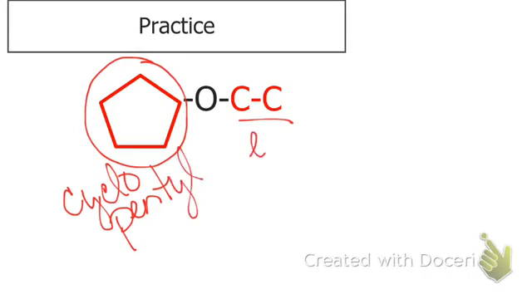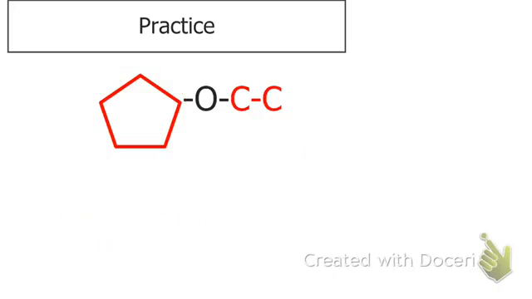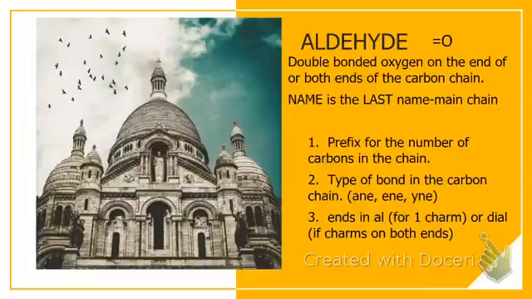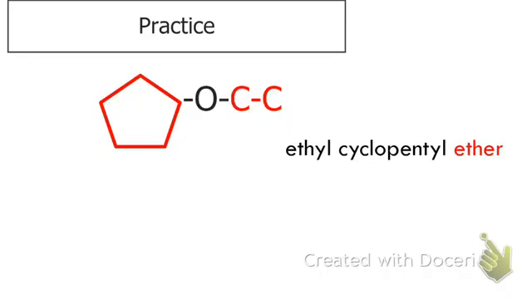And this, of course, is ethyl. So alphabetically, it's going to be ethyl cyclopentyl ether. Ethyl cyclopentyl ether. You're going to pause here, and that ends your lecture. Have a great day.